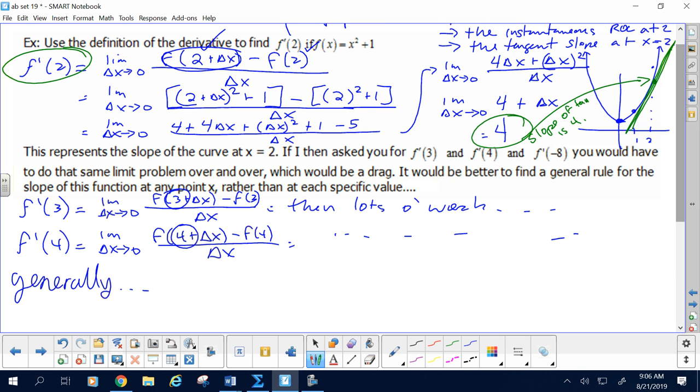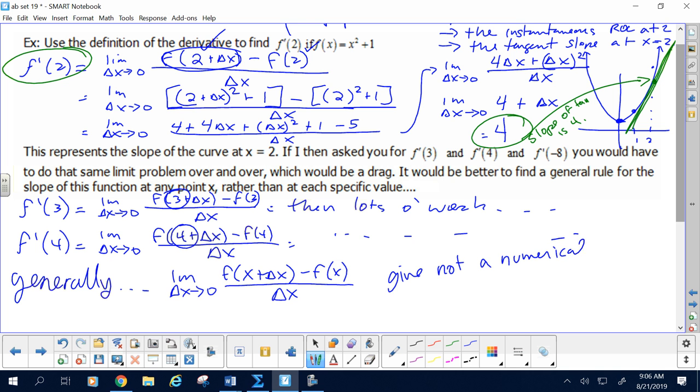And when we carry this out, x plus delta x, any old x plus a little point away, minus the original point x. This will give not a numerical slope, because obviously I'm not going to get the slope as 5 at every x.